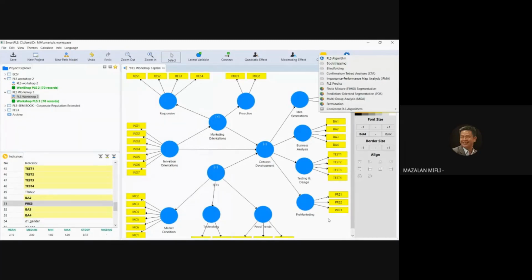Some of you are probably using continuous scales, say 1 to 10. If some here use 5 and here use continuous, then it would be different.